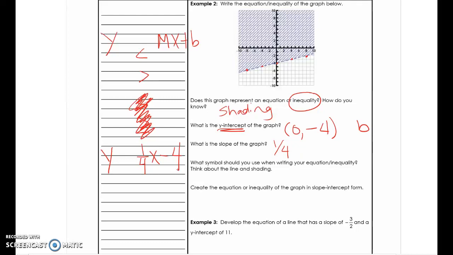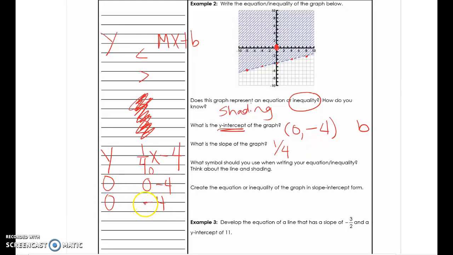Just like when we decide which side of the line to shade, we're going to pick a point and test it to see what symbol we should use. I'm going to use 0, 0 because 0, 0 is a solution. So when I plug in 0 for x, 1/4 times 0 is 0. 0 minus 4 is negative 4.